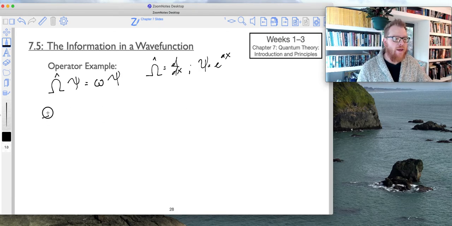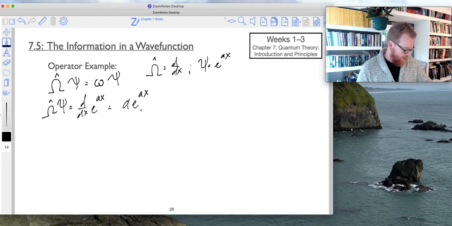When omega operates on psi, I can write that as d dx of e to the ax, and that equals a e to the ax, which equals a times psi.